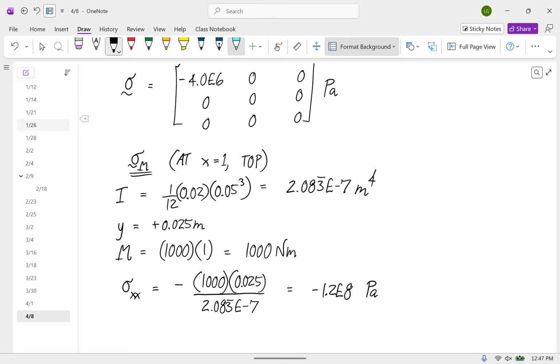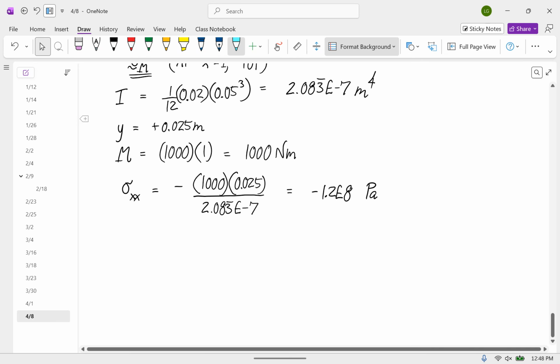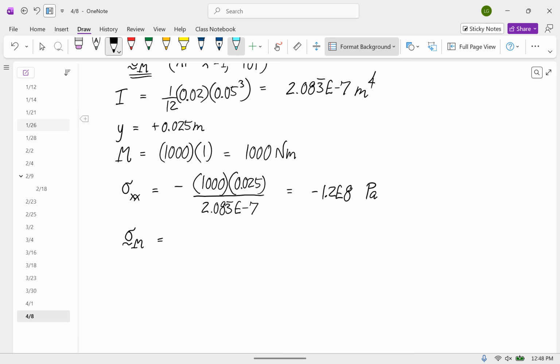That's huge. By the way, I don't think the material is going to survive this, but that's the value we got. That's the kind of reason why you do calculations like this. And so the stress tensor due to bending moment is, I'll write that as negative 120 times 10 to the 6, and then zeros everywhere else. And this is pascals.